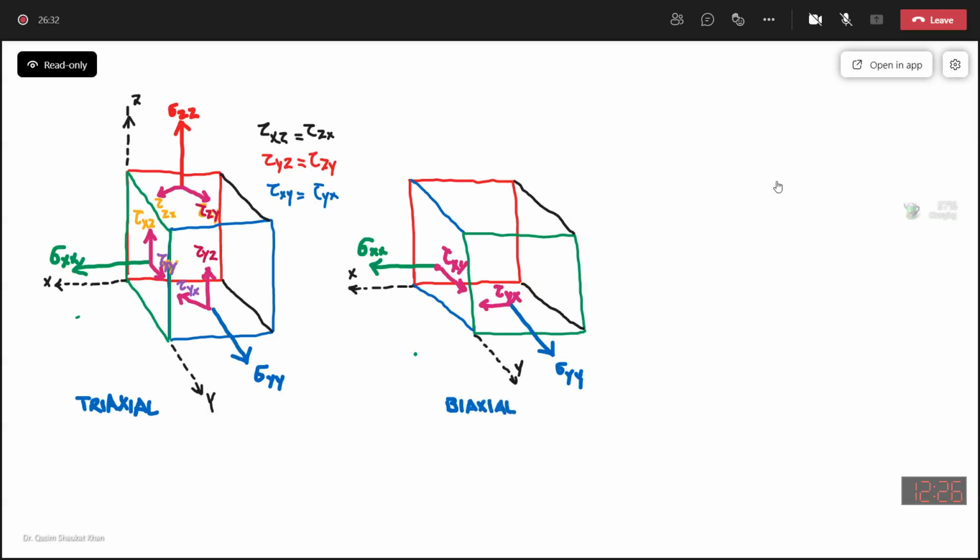In this case, tau xy is equal to tau yx.